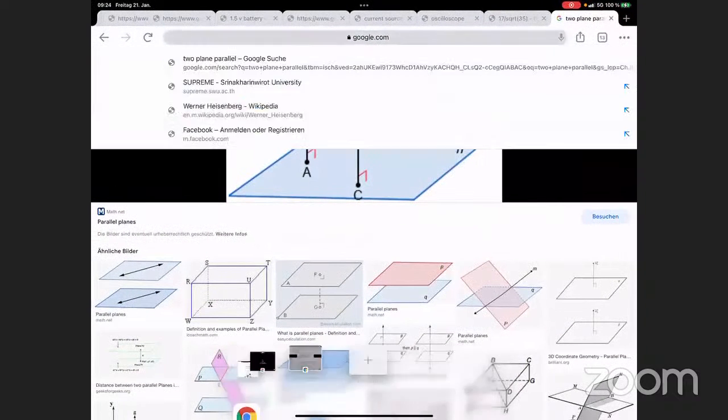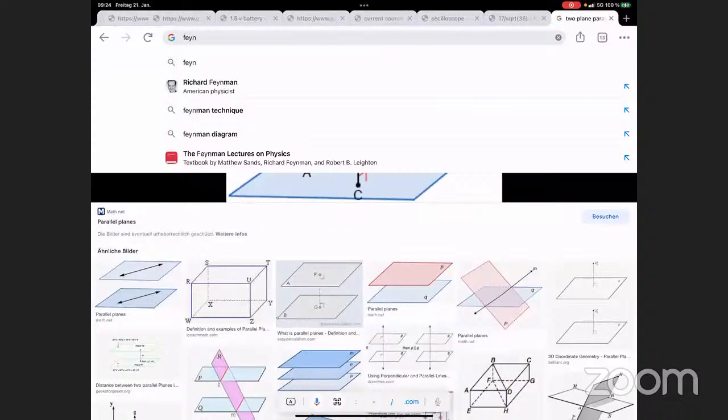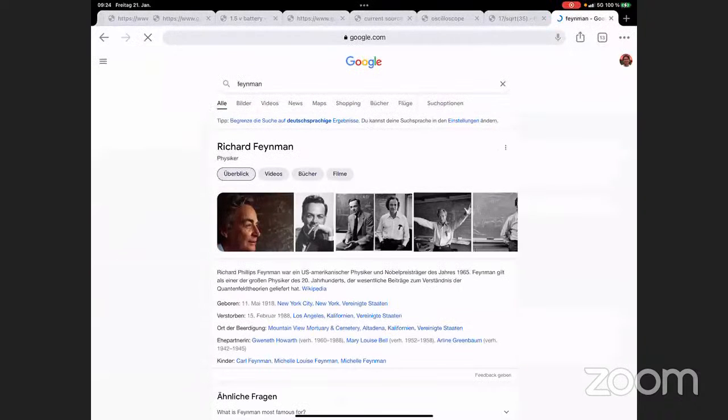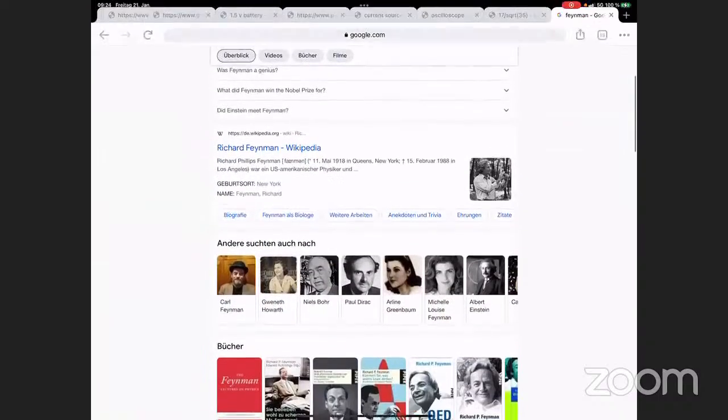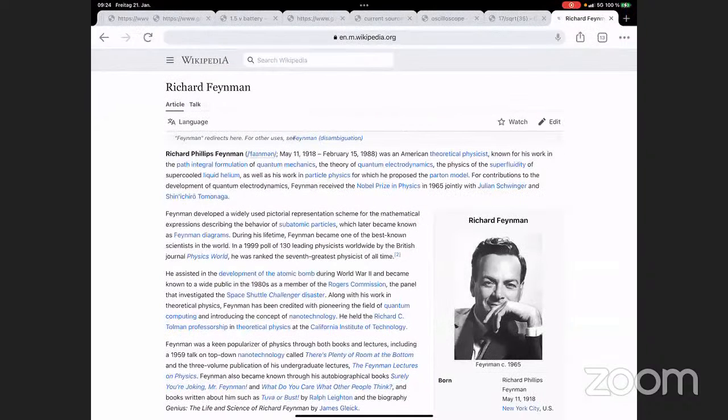Okay, Feynman diagram. Richard Feynman. Okay, this is the modern American physicist.